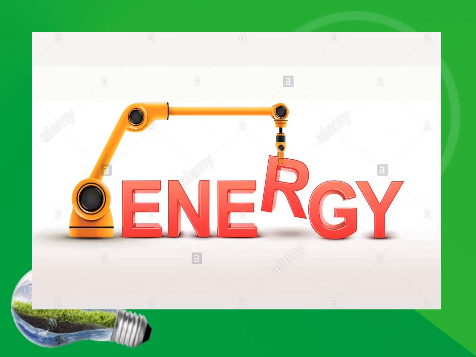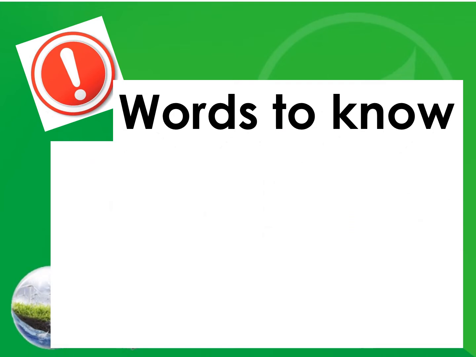To continue with, today we're going to talk about energy. Can you please read the word? Very good. Can we spell the word? E-N-E-R-G-Y. Energy. Do you know what an energy is? Let us look at these words that we need to know.